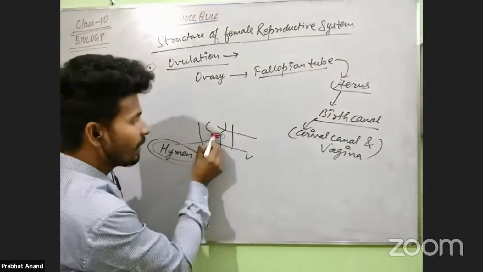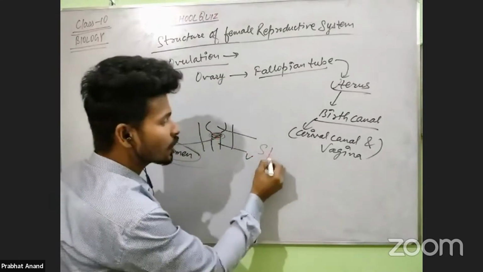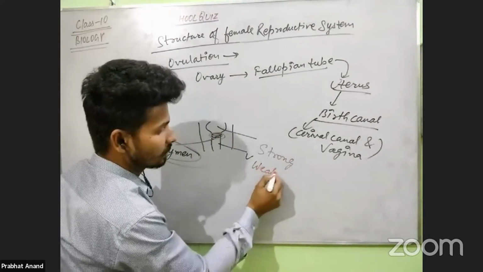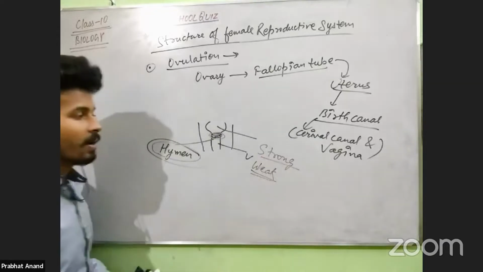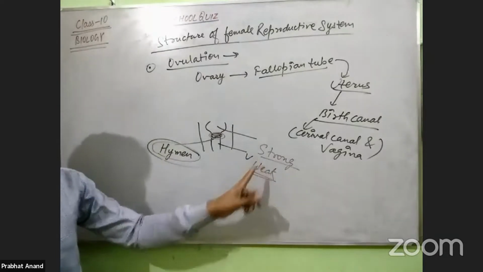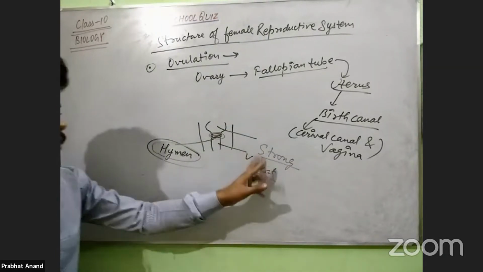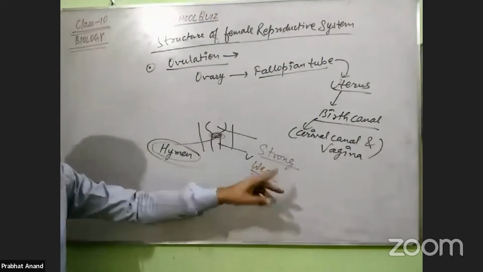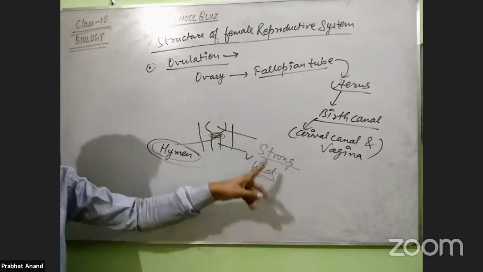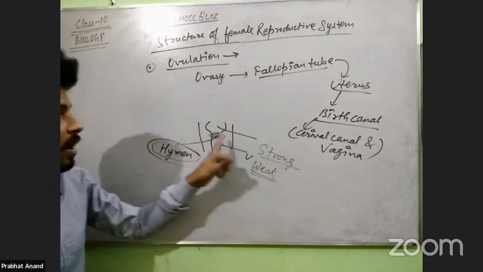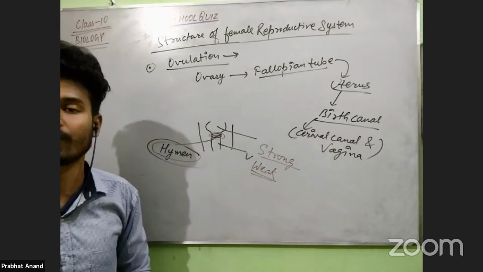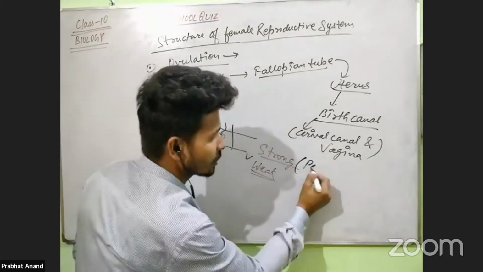Because in some females this hymen structure is much stronger, and in some females it is much weaker. If it is strong, and the female has had intercourse between the female and the male, the hymen will not be broken even after the mating. The hymen will persist.